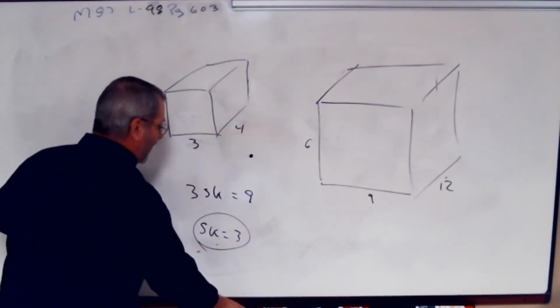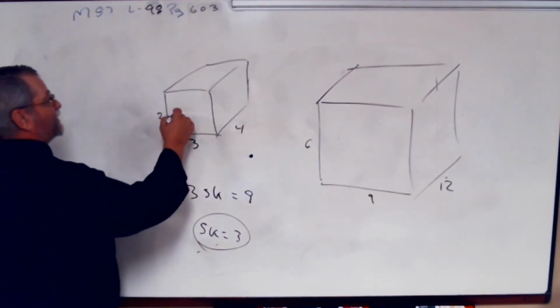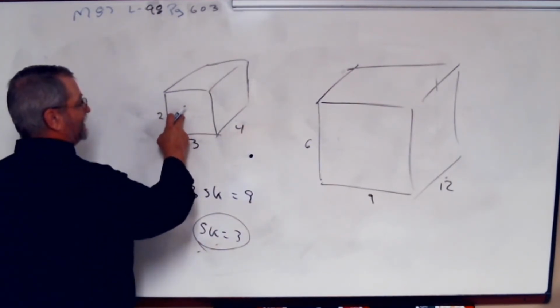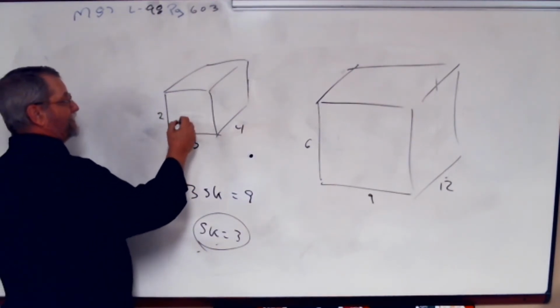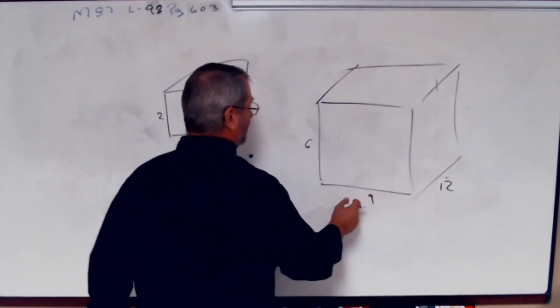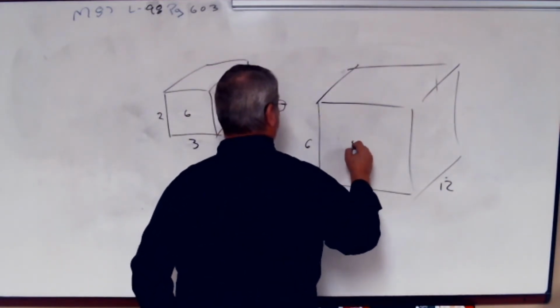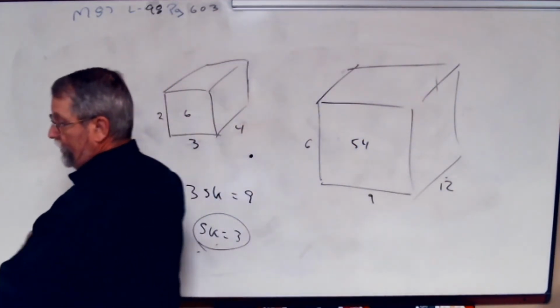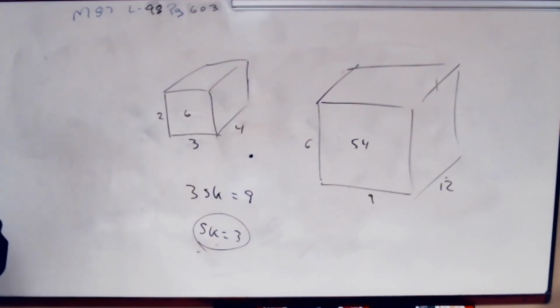Now, if we do area, let's say we took the area of this face. The area of this face is 2 times 3 is 6. The area of this face is 6 times 9 is 54, I hope, because you're supposed to know your multiplications, right? So 6 times 9, 54. There we go.